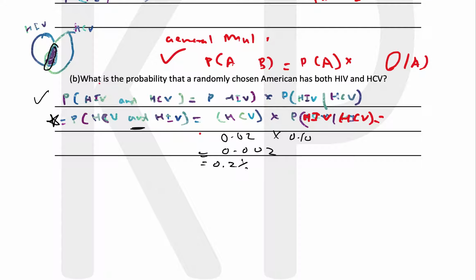So B is asking what is the probability that a randomly chosen American has both HIV and HCV. So basically it's asking the probability of HIV and HCV, right? There are several probability rules that are different for "and" and "or", and within "and" and "or" there are also slight variations of the rule based on whether the events are independent or not.